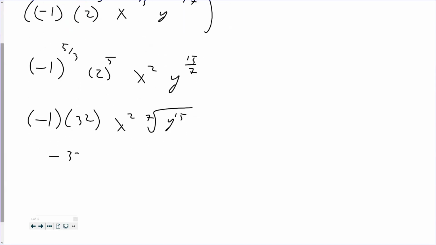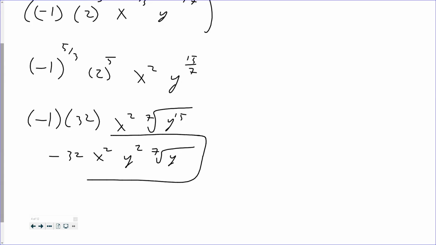So you have -32 x squared. I can take out 2 y's, and I'm left with the 7th root of 1 y left over. Any questions about that?